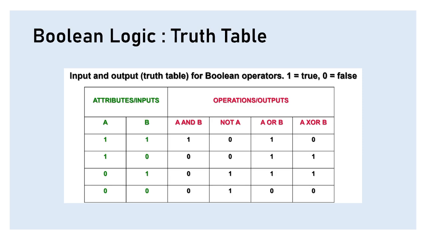Then we'll be discussing Boolean logic, or the truth table, like logical functions. Here you have the input and output for Boolean operators. One means true and zero means false. Truth table is just another name, it's not a new thing.